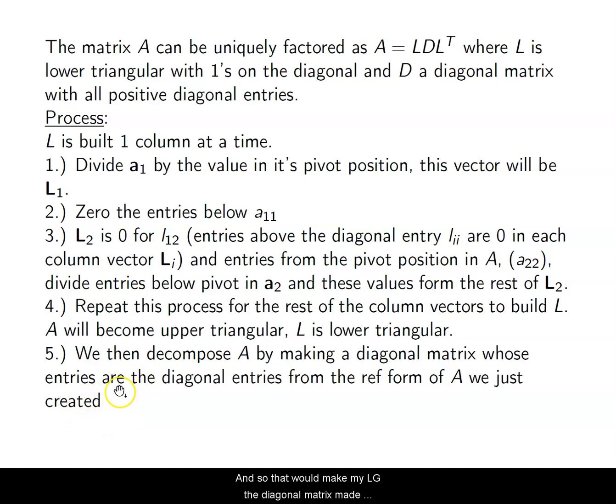And so that will make my D, the diagonal matrix made from the diagonal entries of this A that I reduced echelon formed into an upper triangular matrix. And then I'll take this lower triangular and I'll transpose it, and that'll be my LDLT. Okay, so that's what's left of A, right? The reduced echelon form of A that I created.